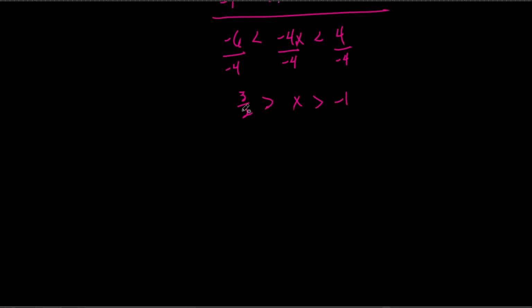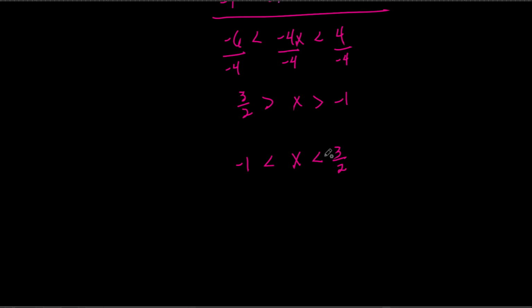So look at this, 3/2, that's 1.5. That's bigger than negative 1. So I don't want to write it like this. When I have this x in between, I actually want the smaller number on the left and the bigger number on the right. But what am I going to have to do to this if I switch these around? I'm going to have to switch the inequality again, aren't I?